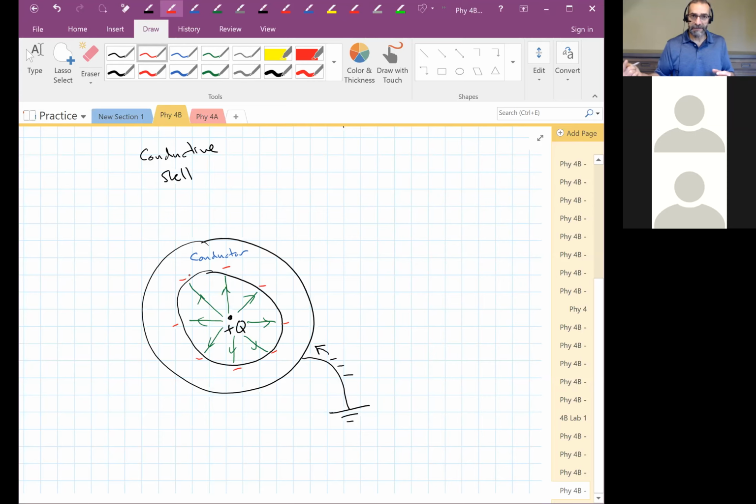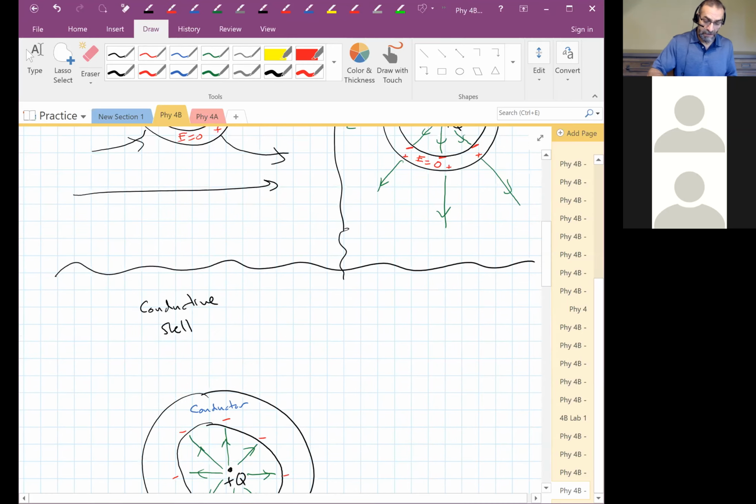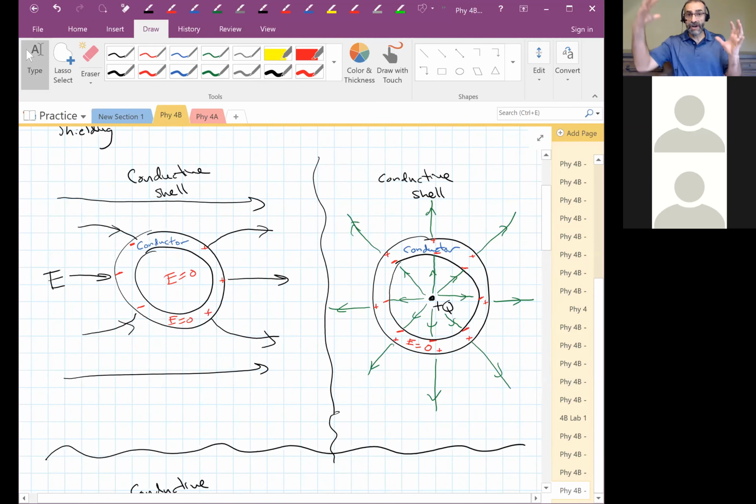Those extra negative charges came from ground, and the electric field is zero inside the conductor, and the electric field is zero outside of the shell. So another way to think of it, if you prefer, is that the negative charges move in to the innermost surface. They leave positive charges behind, right?